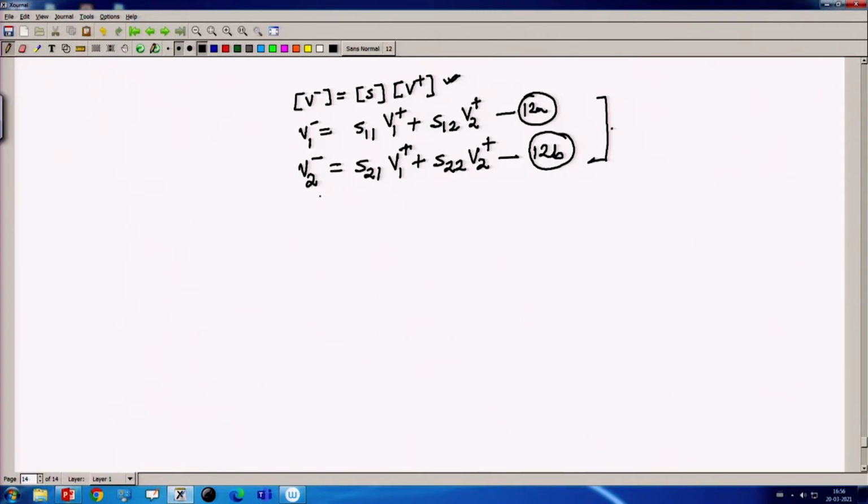Now, if port 2 is terminated in a matched load, if port 2 is matched, V2 plus will be equal to 0, straightforward. So, S11 is the reflection coefficient at port 1 with port 2 matched, because S11 will be V1 minus by V1 plus with V2 plus equal to 0.